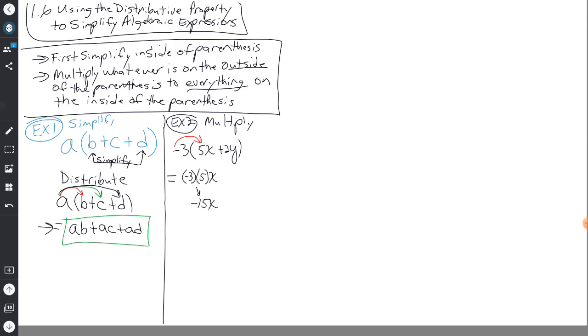All right, let's go to the next term. Taking -3. So a negative times a positive gives us what sign? Gives us a negative sign. So now we're just looking at 3 times the 2. And we're joining in the y with it.